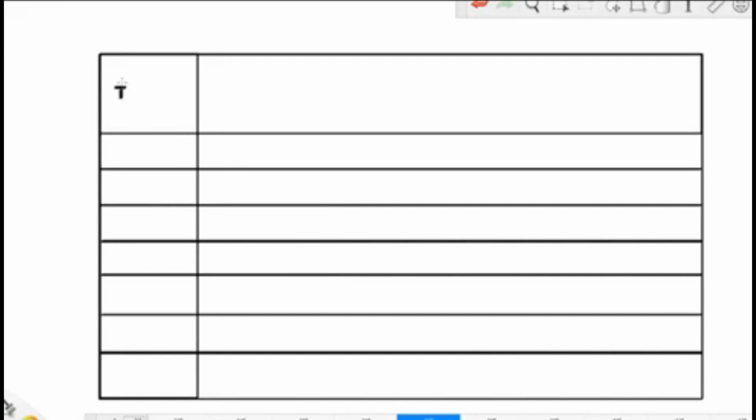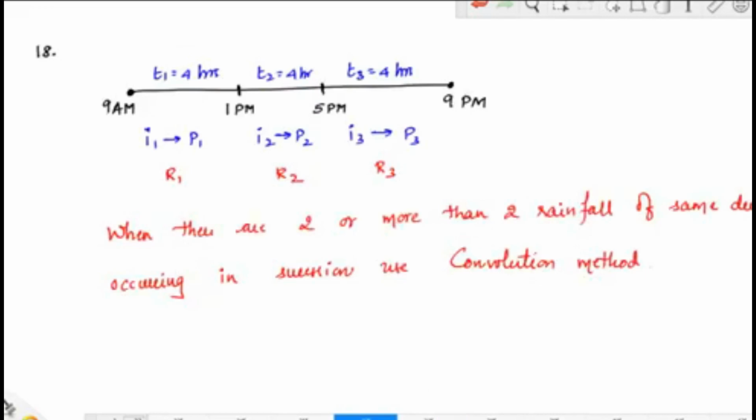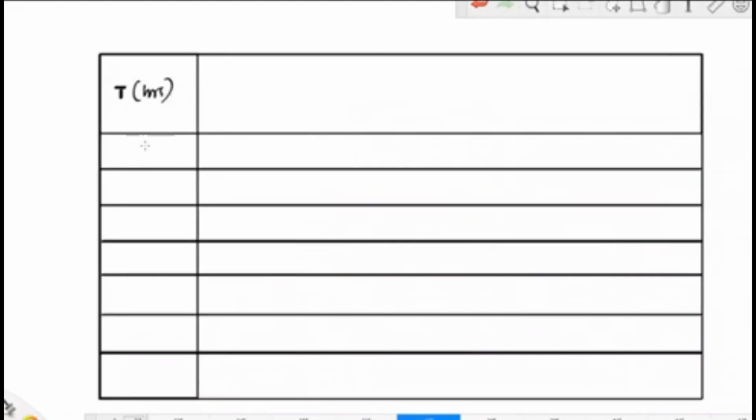So time in terms of hours. I will take the same example here. So totally T1, T2, T3. Each rainfall is with respect to 4 hours occurring in succession. So what I have to do is, assume that I am having a 4-hour unit hydrograph at 0, 4, 8, 12, 16, 20, 24 and so on.